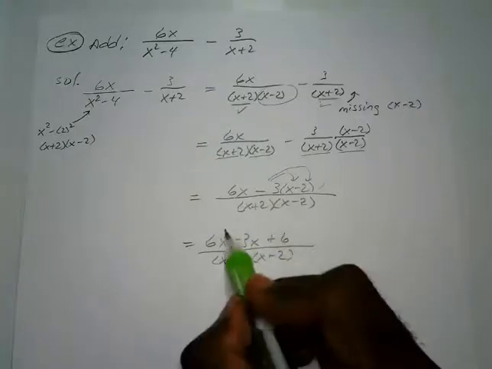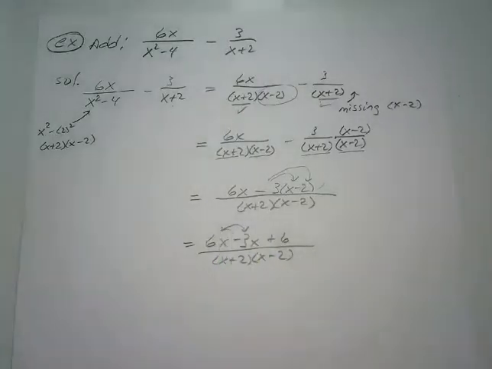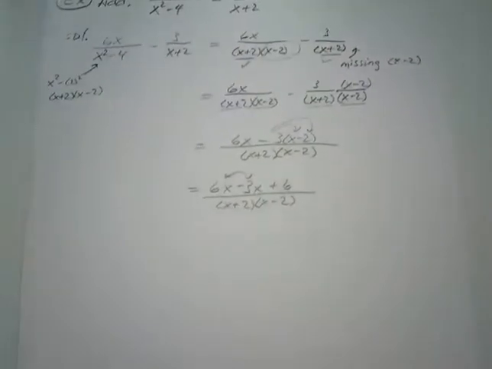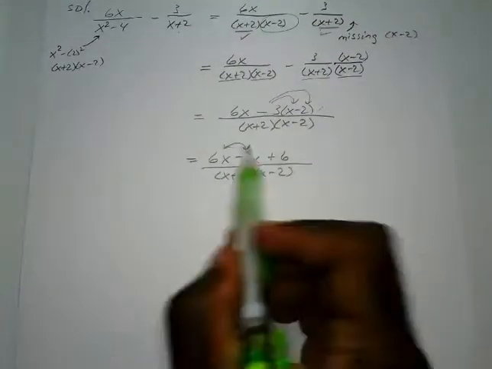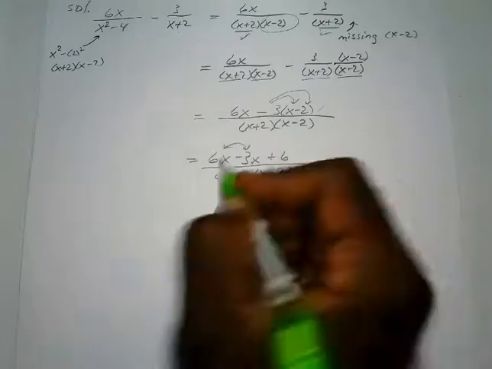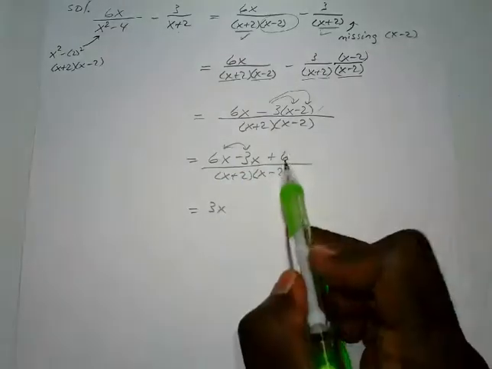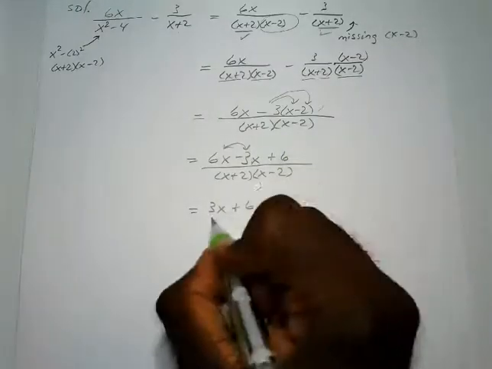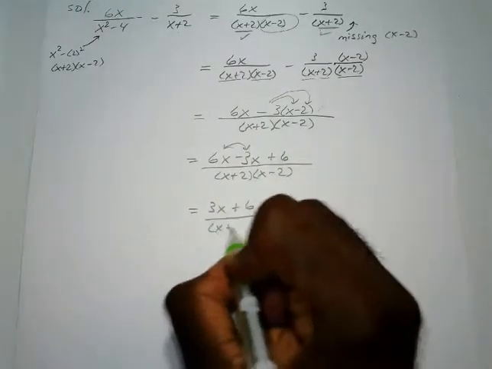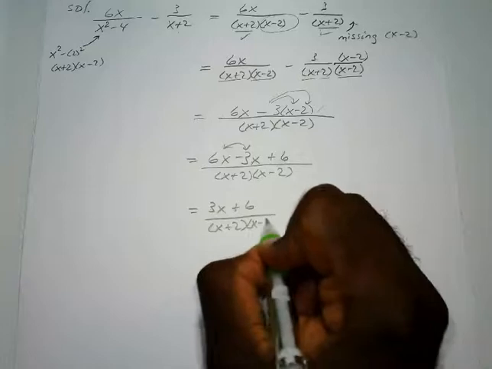Alright, so now we go ahead and combine those two terms. Okay, so 6x minus 3x is 3x, plus 6, all over (x plus 2)(x minus 2).